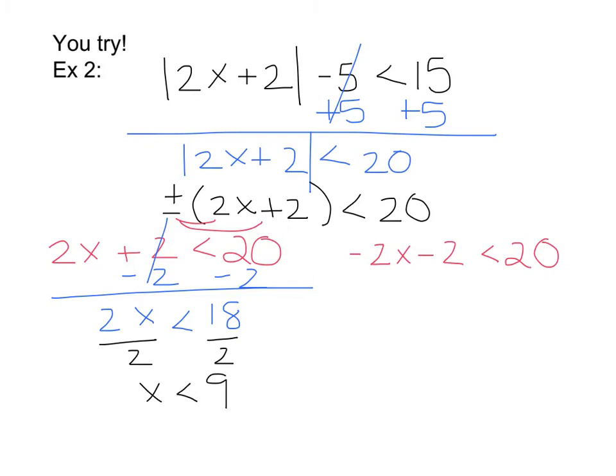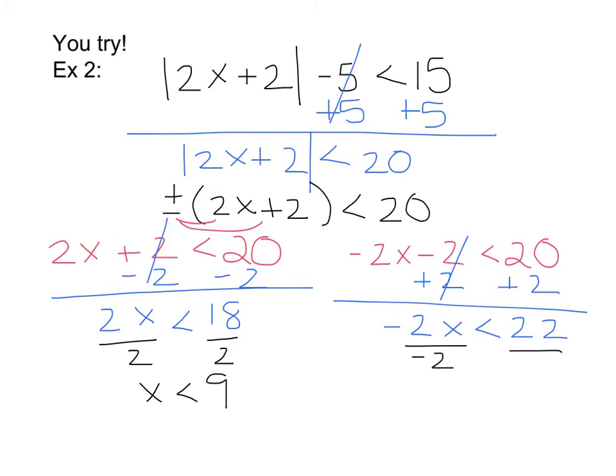Now the inequality on the right-hand side, we're going to start by adding 2. So that gives me negative 2x is less than 22. And when you divide by a negative number, remember it switches your inequality. Now, at the very top, it was a less than problem, so this should be and.